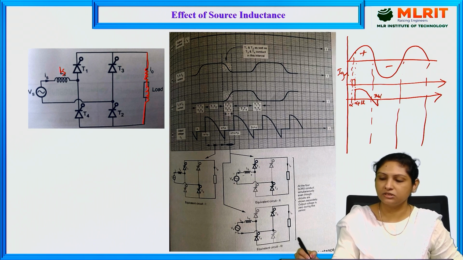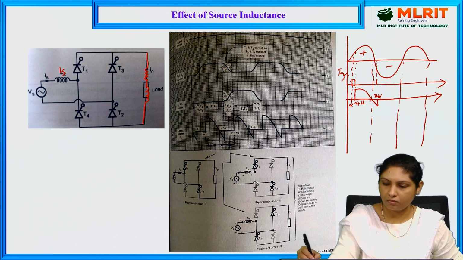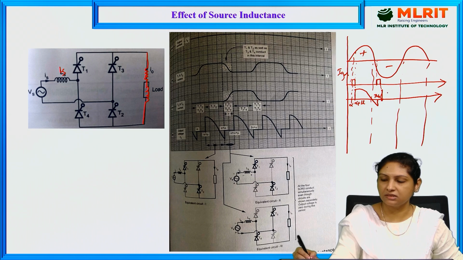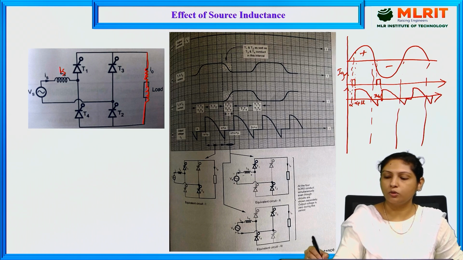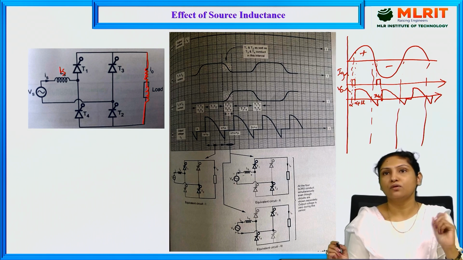And at this instant called pi plus alpha, when we provide the triggering pulse, again at this instant the thyristor starts conducting. So this is how the output voltage waveform looks with the effect of source inductance.